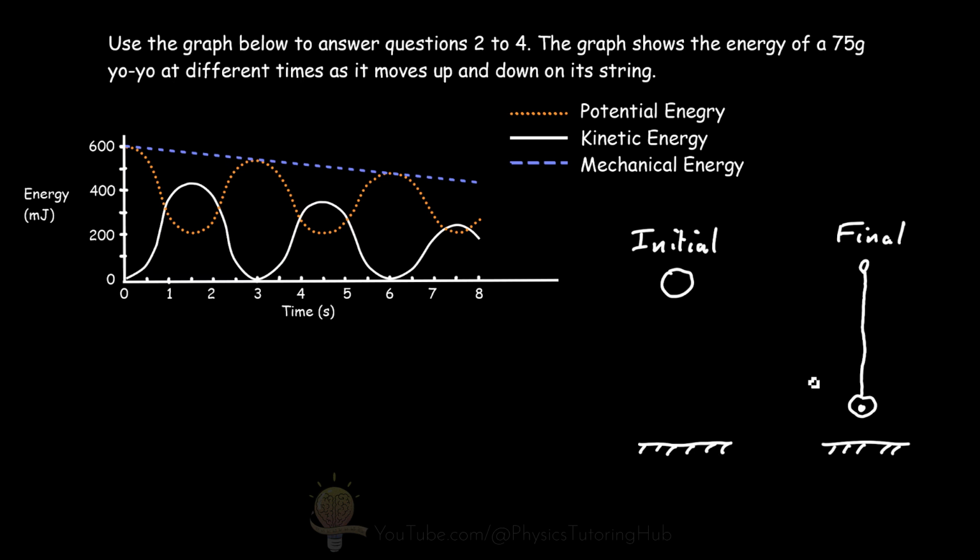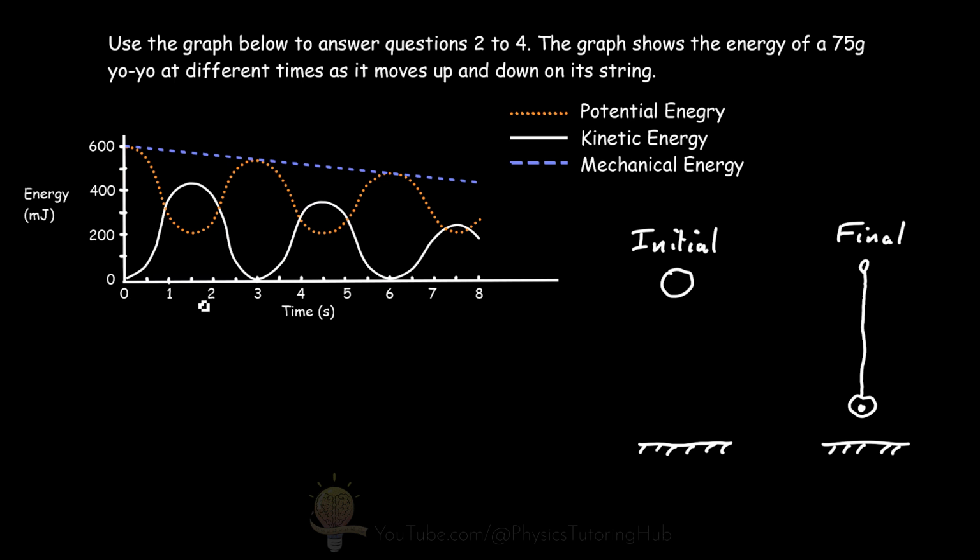And if it was a truly isolated system, this mechanical energy here would not decrease over time. It would be a straight horizontal line. And the only energy transformation that would occur as the yo-yo is falling down to the ground and back up again would be the energy transformation between kinetic energy and gravitational potential energy in this system.